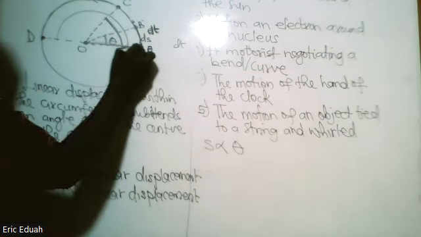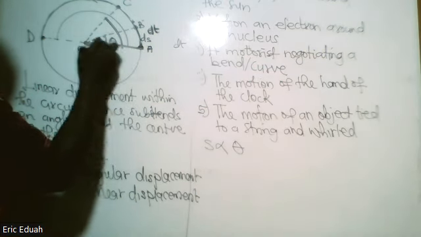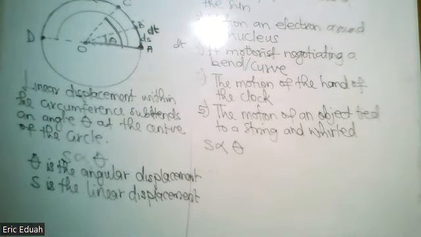What is the name given to this distance from the center of the circle? The radius. That's the radius.